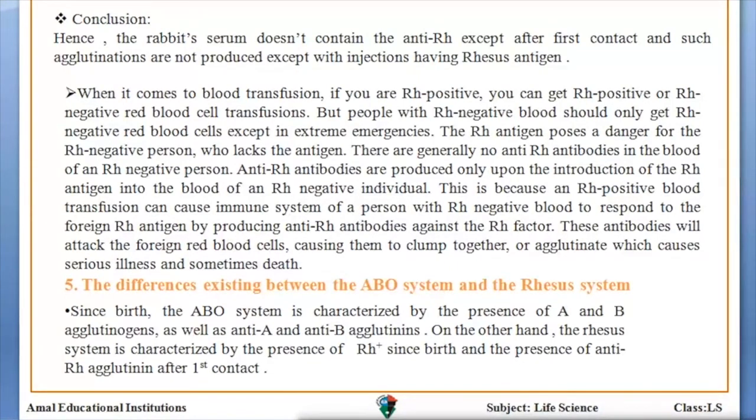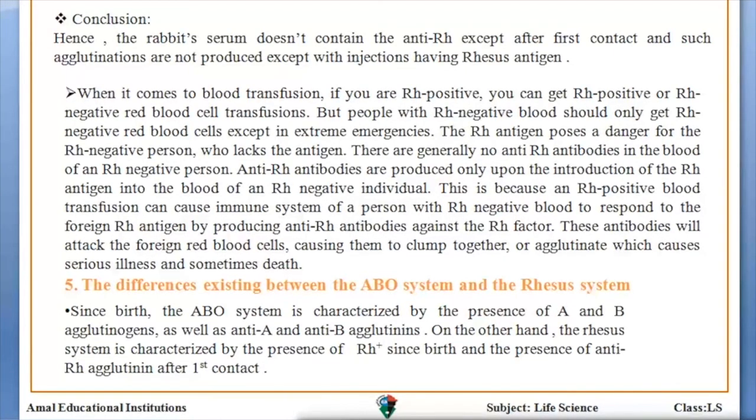Finally, what are the differences existing between the ABO system and the rhesus system? Since birth, the ABO system, as you have observed, is characterized by the presence of antigen A and antigen B, as well as the presence of anti-A and anti-B antibodies in the plasma.